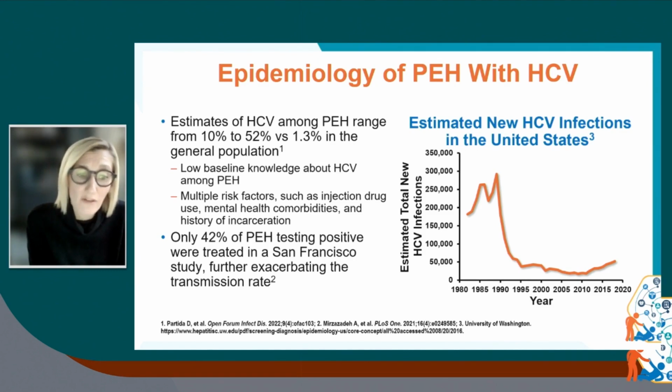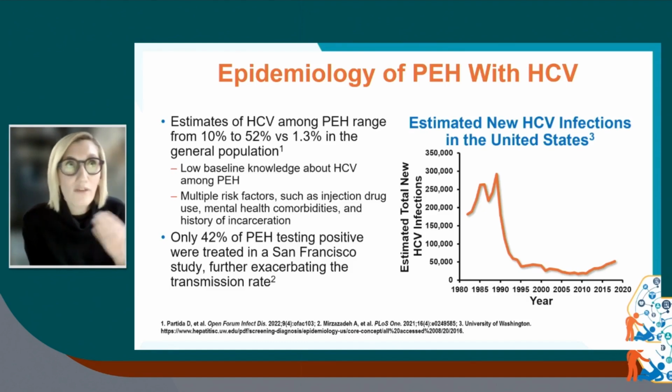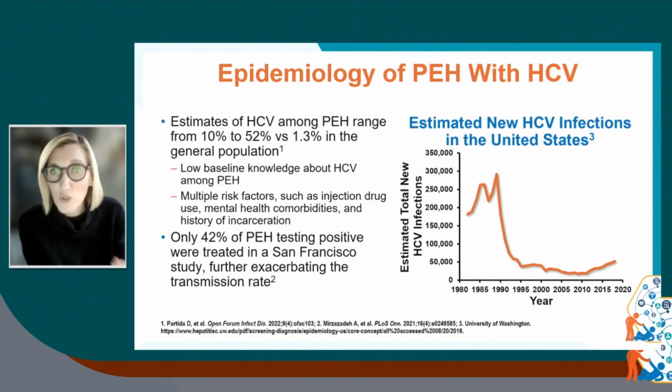Only 42% of people experiencing homelessness testing positive were treated in a San Francisco study, further exacerbating the transmission rate. So if we think about treatment and cure of hepatitis C, really treatment is prevention, right? You can't transmit something you yourself do not have.